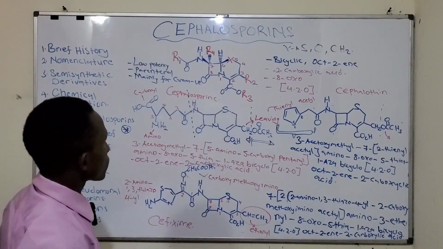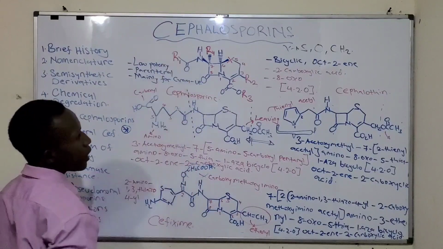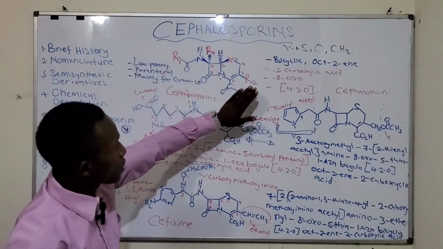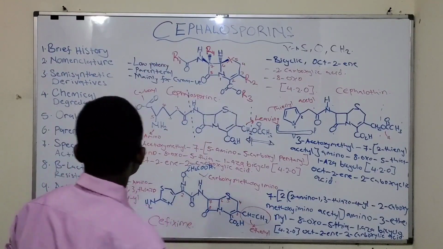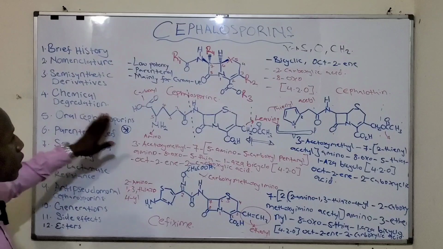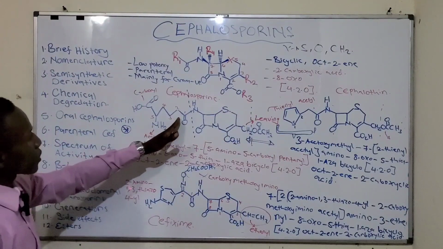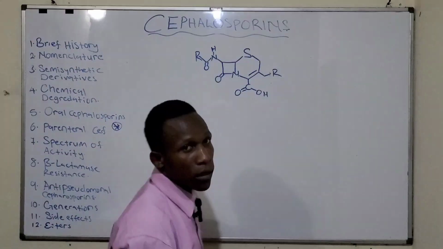Now, all other cephalosporins change this R2 and R1. Mainly, the substitution is at R2 and R1. Now, let's see the chemical degradation, how this group is cleaved, how this one can also be cleaved.